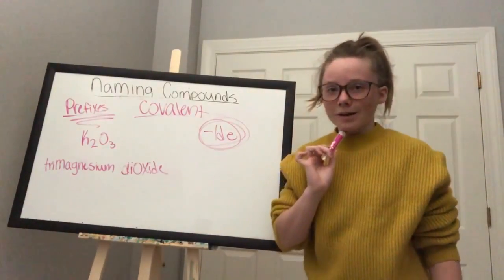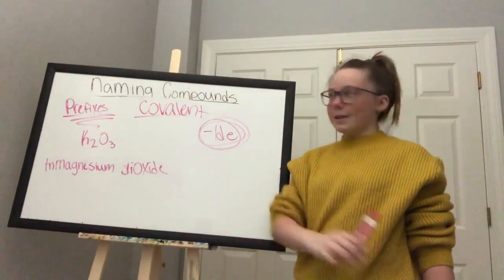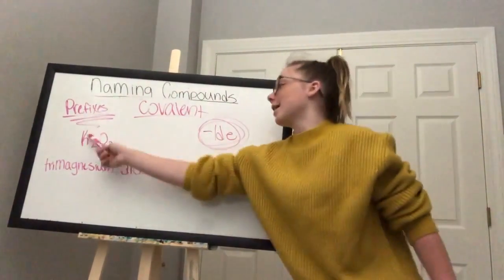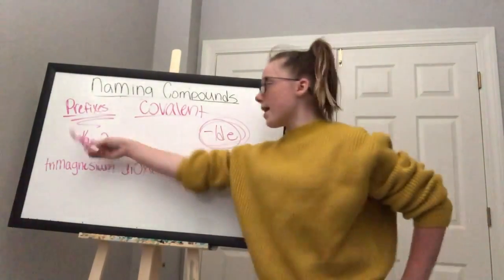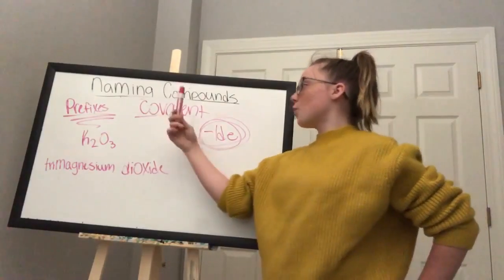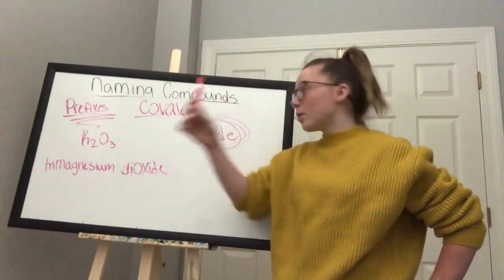K2O3. How are we going to name this compound? Let's name the covalent compound K2O3. So we are going to look at K. And remember, for covalent compounds, you got to remember the prefixes. Always remember them.